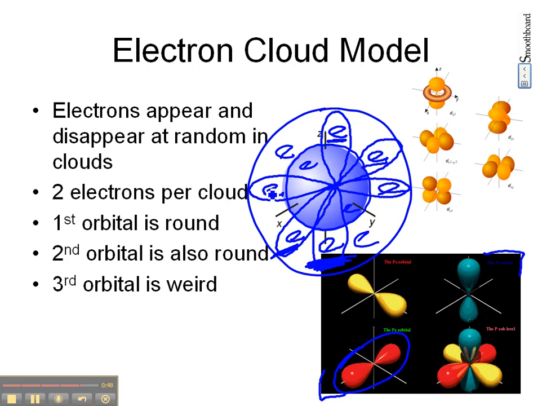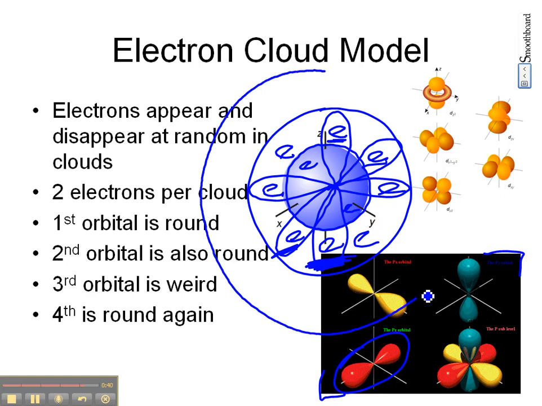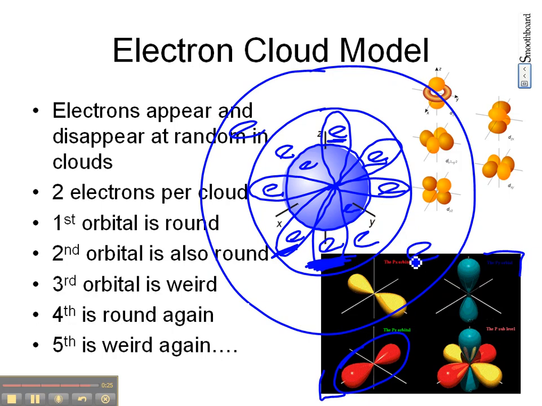Okay, so now we're up to the fourth orbital. Now the fourth orbital is once again round. It's just going to be round, and it's going to be a bigger orbital. It can have up to 2 electrons. So right now we have sodium, and now we have magnesium right there. Okay, now the next orbital, the fifth orbital, is going to be weird again.